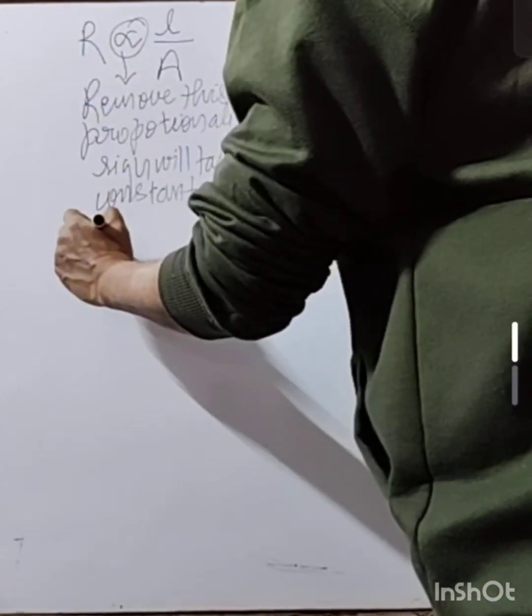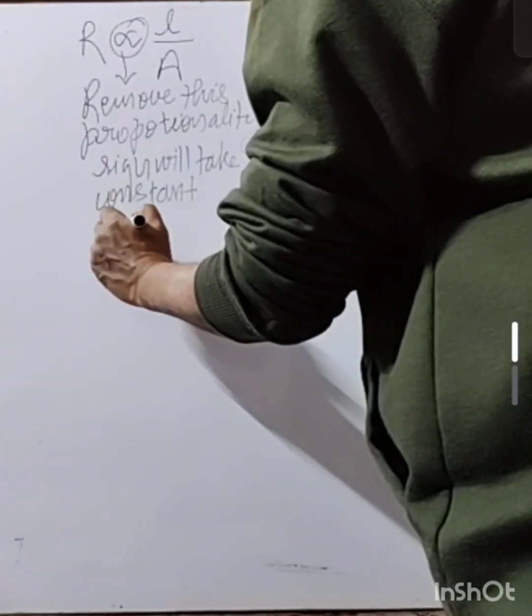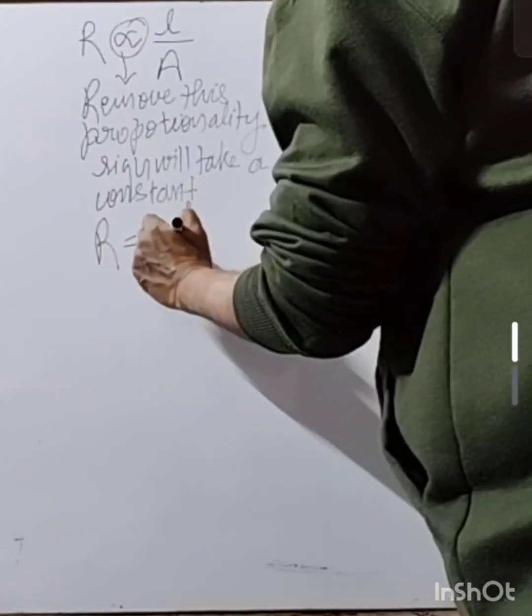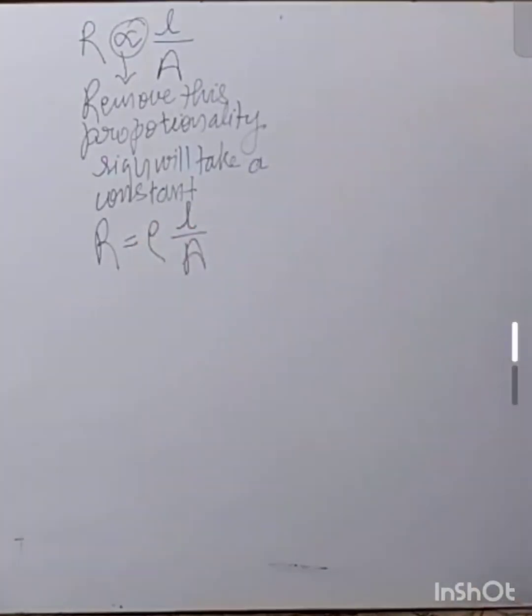So it becomes R is equal to rho L upon A, right?